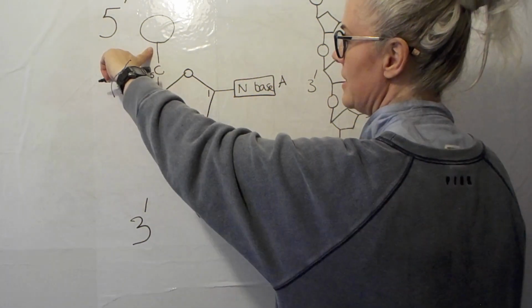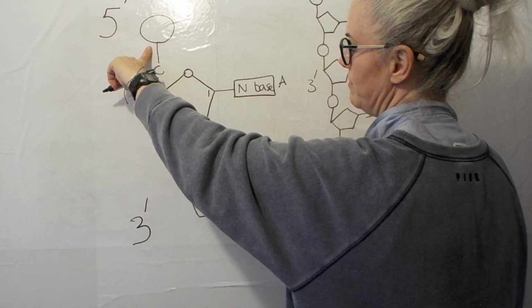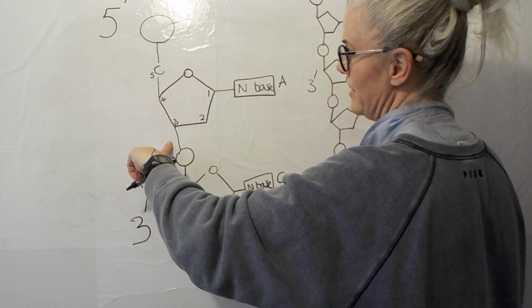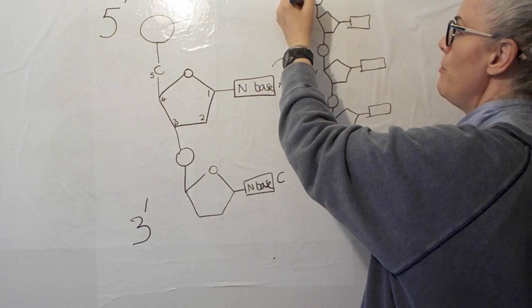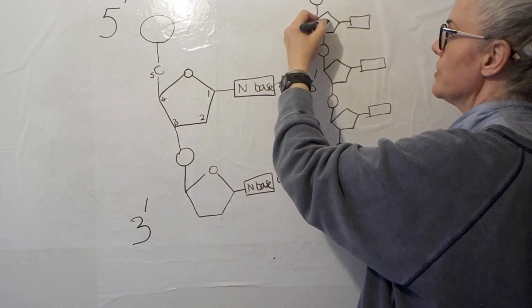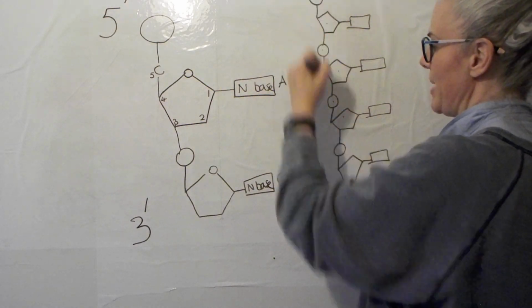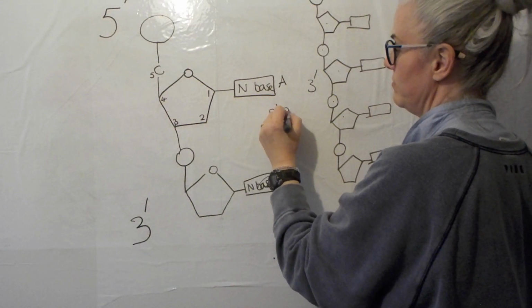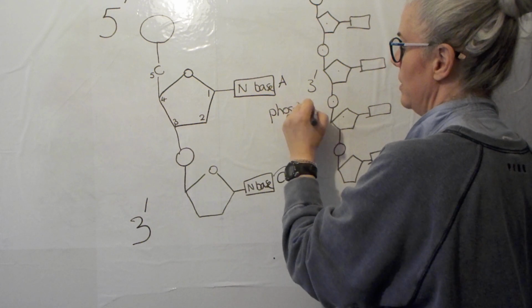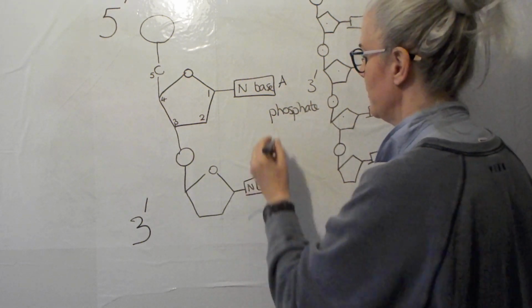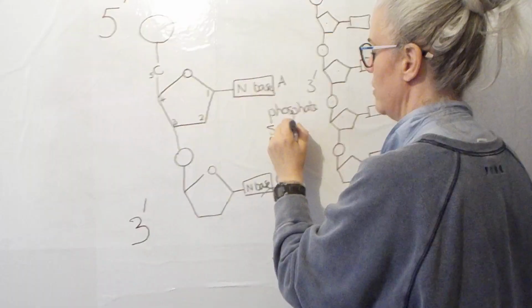Now, as I said, that is called an ester bond. That is also an ester bond. So in the formation of the phosphate sugar backbone, and so we call it, very imaginatively, the phosphate sugar backbone.